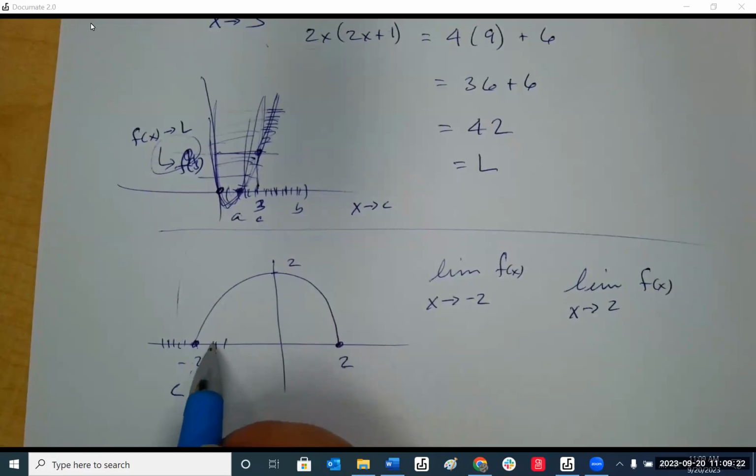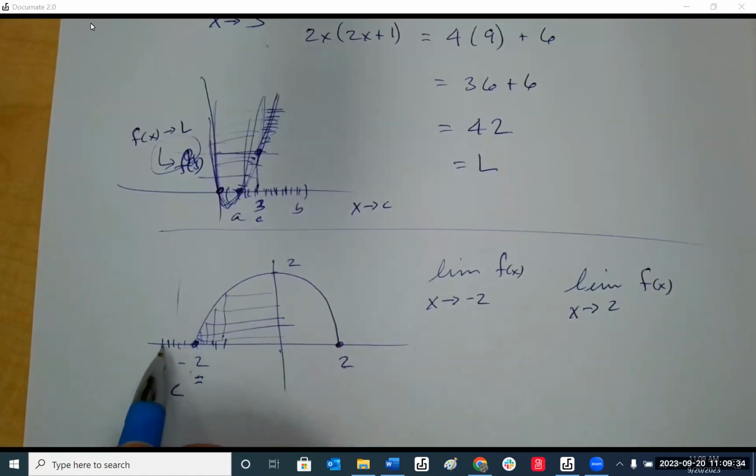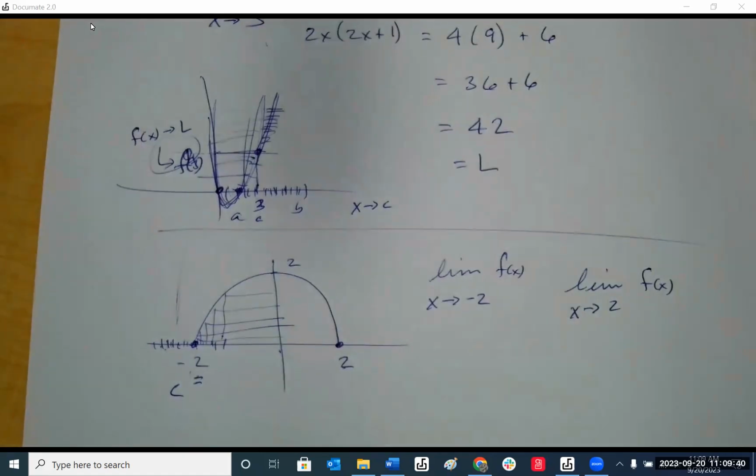I can approach it from here. And if you see, the closer I get to C, what's our limit value approaching? 0. But if I put it over here, as I'm approaching C from this side, it's going to infinity. There's a problem, which is why we now introduce what's called a one-sided limit.